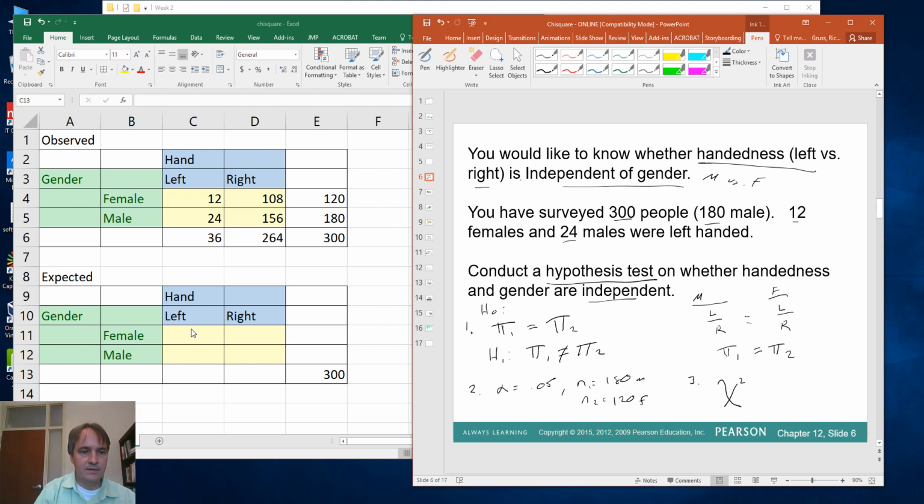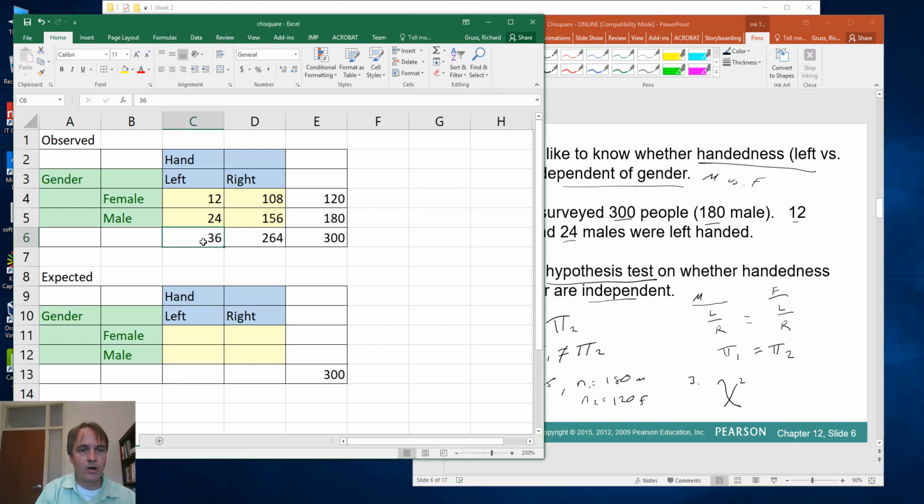So I have my overall proportion right here: 36 out of 300 people were left-handed.